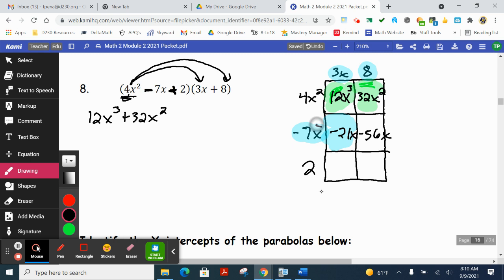But again, all we're really doing is taking this negative 7x, multiplying it by that 3x plus an 8. So couldn't we just do that over here? Take this negative 7x, multiply it by 3. That would give us the negative 21x. And then the negative 7x, negative 21x squared. And then the negative 7 times 8 would give us a negative 56x.